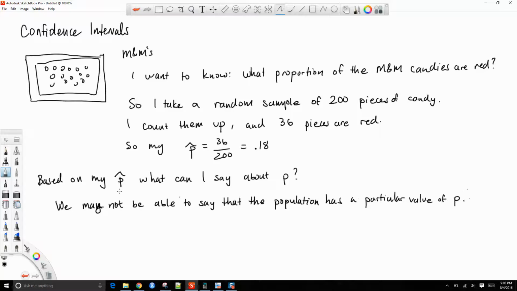But we can create an interval of plausible values of p.